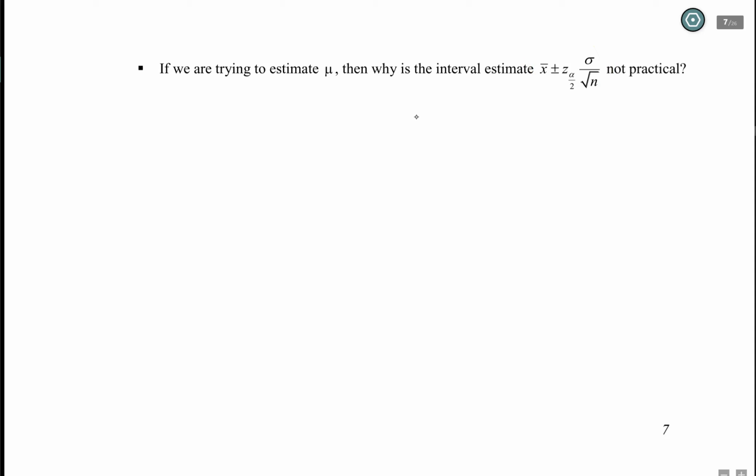We need x bar, which we get from the sample. We need z, which we get from the confidence level. We need n, which is our sample size. We get that from the sample. And sigma. Well, sigma is the standard deviation of the population, not of the sample, but of the population.